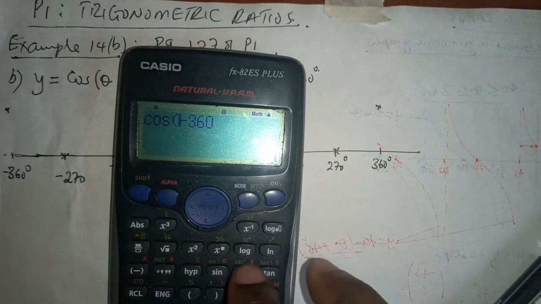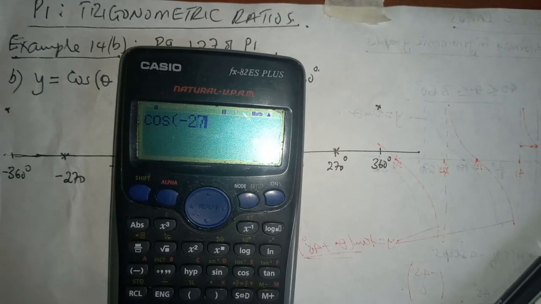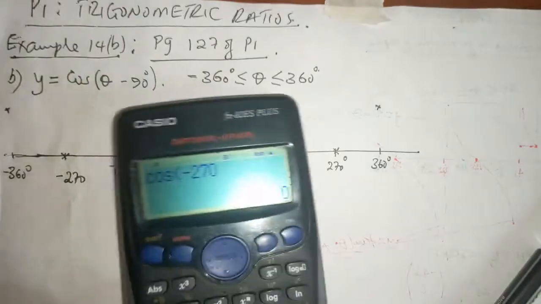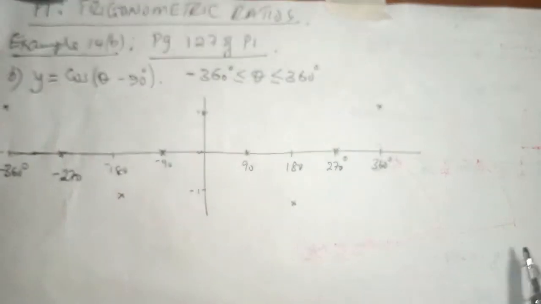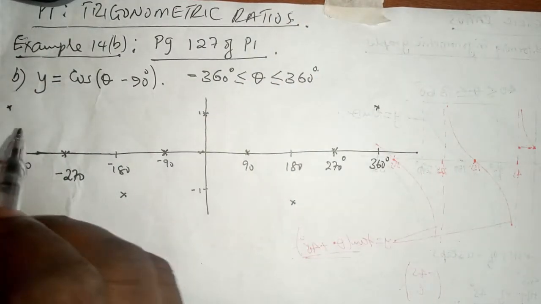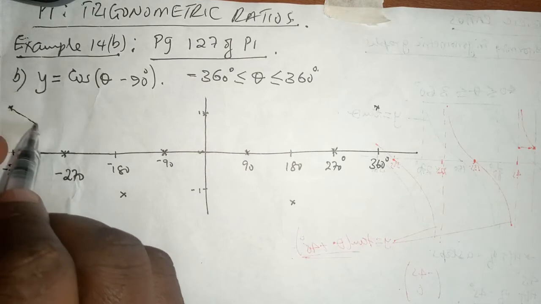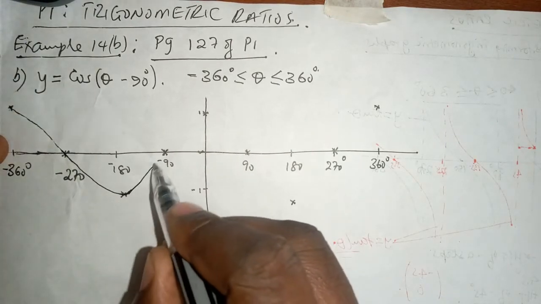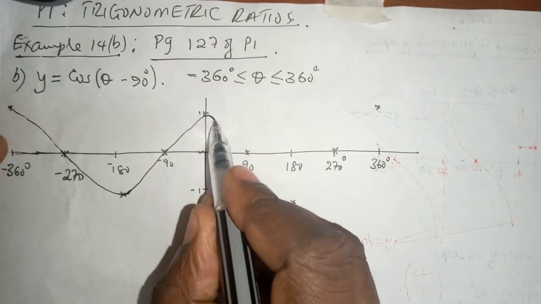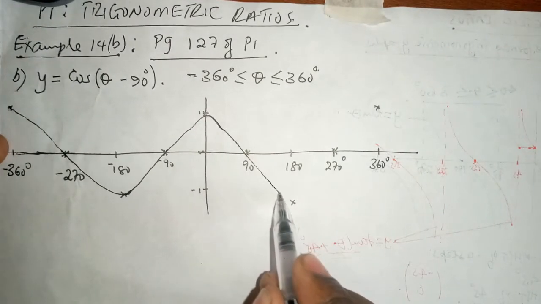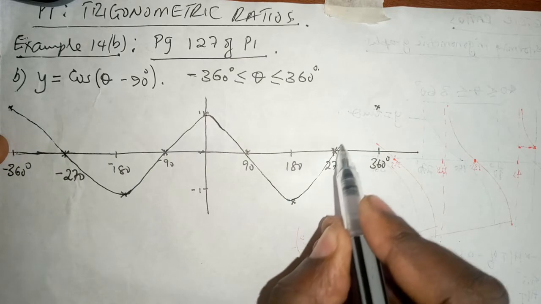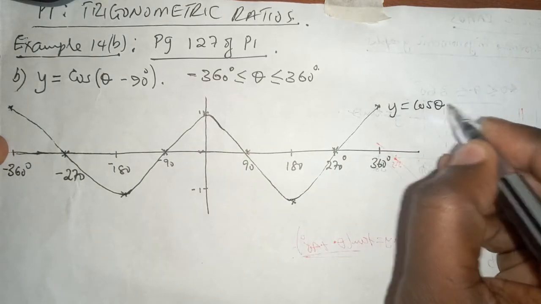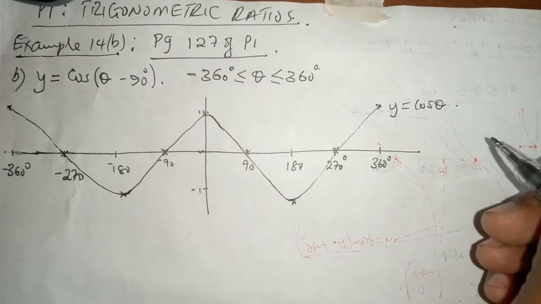And then the cosine of negative 270 degrees is 0, and therefore that's where we are. So the graph of y equals cosine of theta looks like this. This is the graph of y equals the cosine of theta.